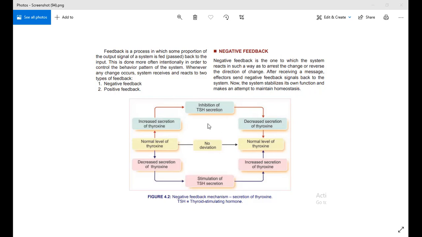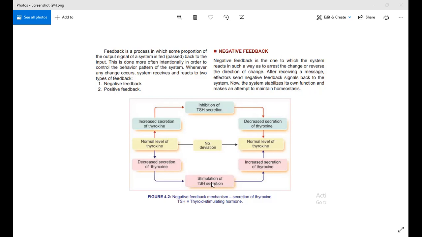Now, let's look at this other side. Normal level of thyroxine, decrease. So imagine that something happened and there was a decreased secretion of thyroxine. So if there is decreased secretion of thyroxine, your body wants to do something to increase the thyroxine secretion. So what happens? Your pituitary gland will stimulate the release of thyroid stimulating hormone because this is the hormone that will increase thyroxine.